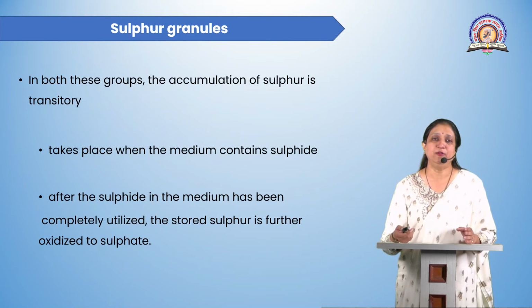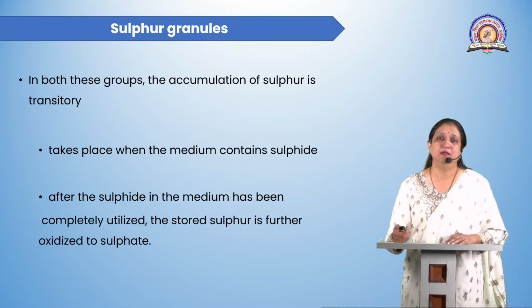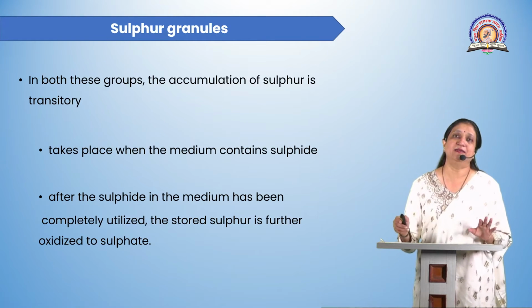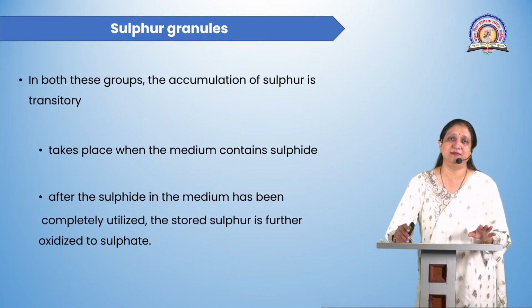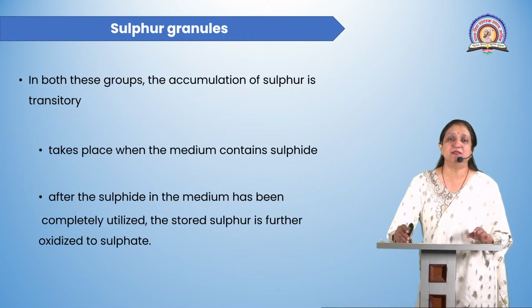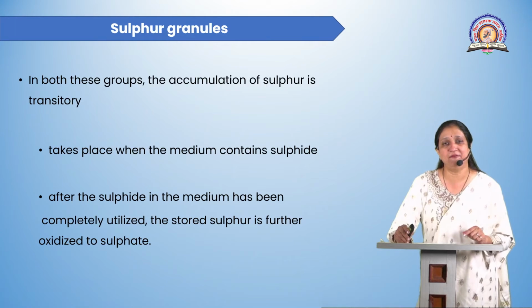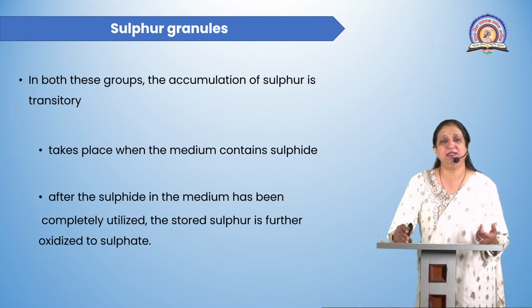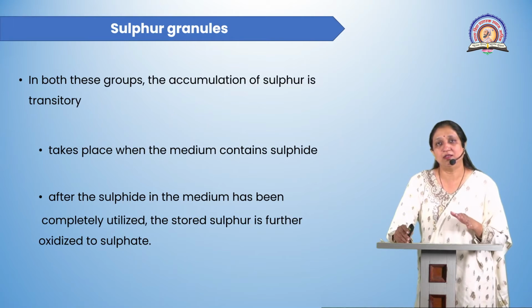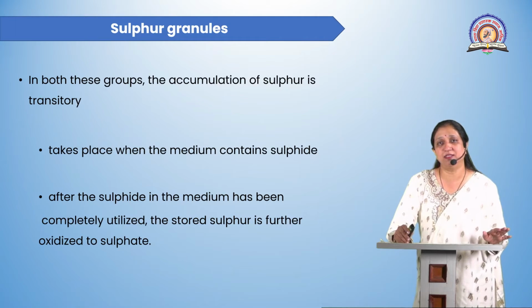The sulfur granules in both the groups accumulate for a transitory period. It takes place only when the medium contains sulfide, but whenever there is a deficiency of sulfide in the medium, the H2S is completely utilized from the medium.